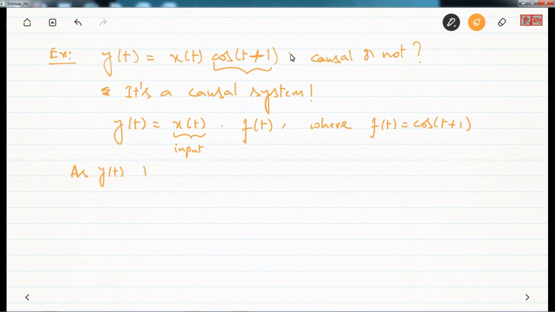As y of t depends only on the current value of input, it's a causal system.